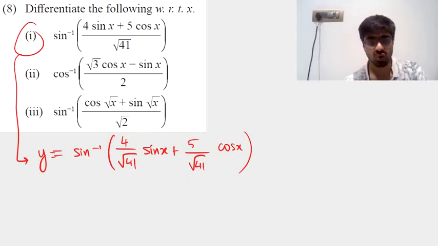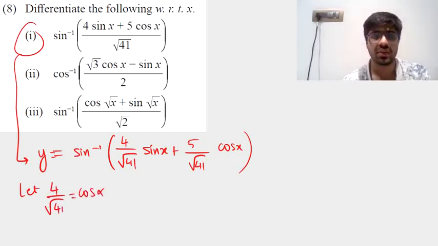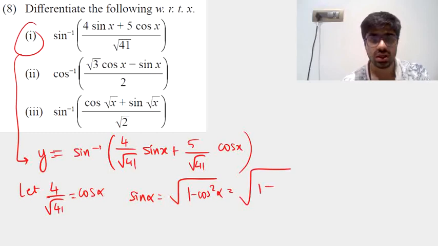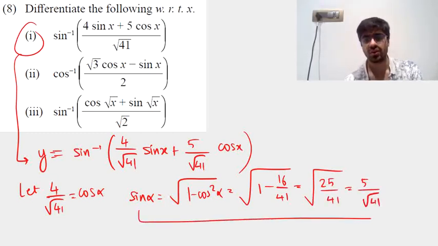So let's take 4 by root 41 as cos alpha. In that case, sin alpha is root over 1 minus cos square alpha. That will be root over 1 minus the square of it, 16 by 41. That's going to be root over 25 by 41, and that is equal to 5 upon root 41. So that is sin alpha.